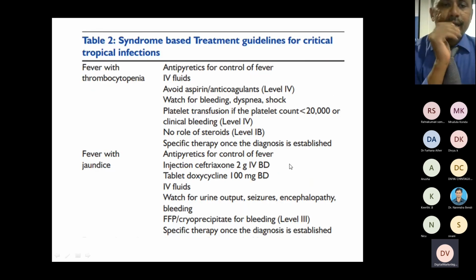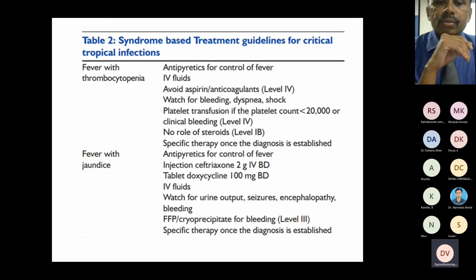So what do you do? You have fever with thrombocytopenia. That is one of the 5 we discussed. So fever, you give antipyretics for control of fever, and because this would result in fluid loss, either visible or non-visible, you would give IV fluids.